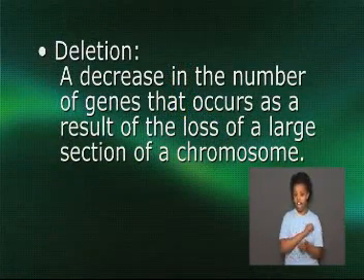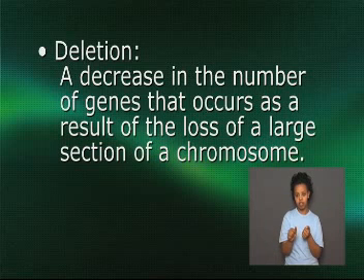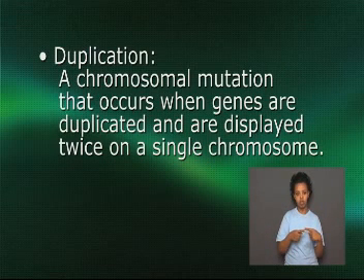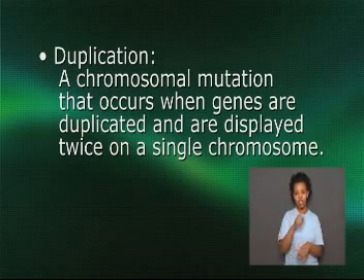Deletion is a decrease in the number of genes that occurs as a result of the loss of a large section of a chromosome. Duplication is a chromosomal mutation that occurs when genes are duplicated and are displayed twice on a single chromosome.